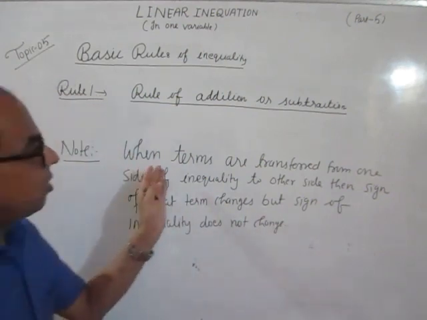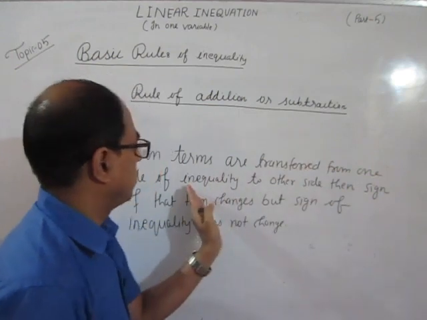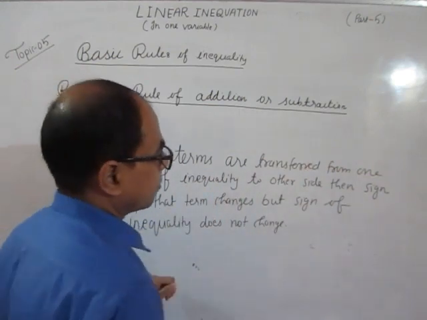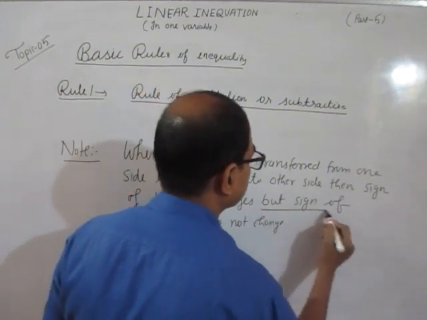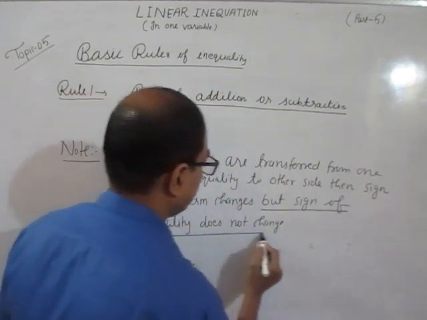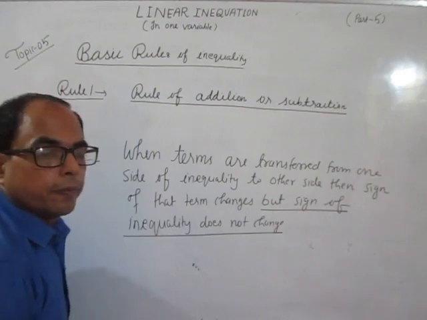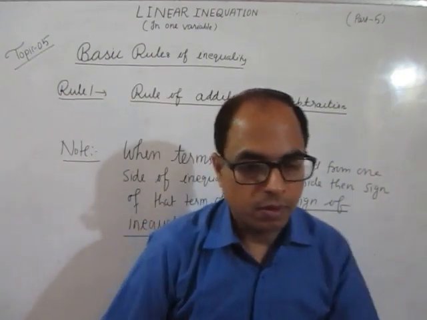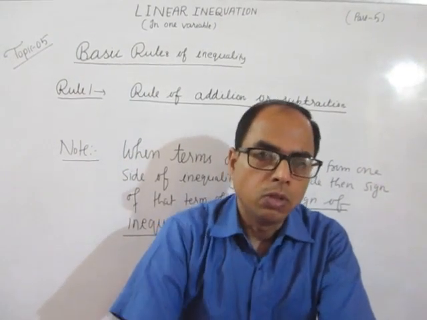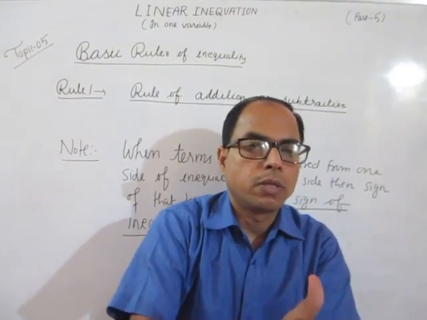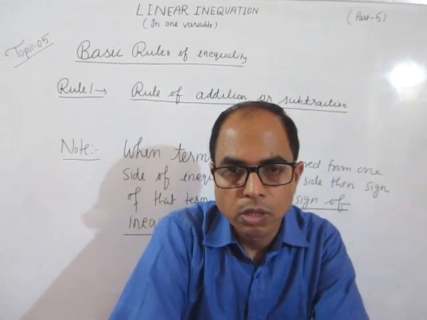See, when terms are transferred from one side to the other side of an inequality, then the sign of the term changes, but the sign of inequality does not change. It means during calculation you can transfer terms from one side to the other according to your requirement.